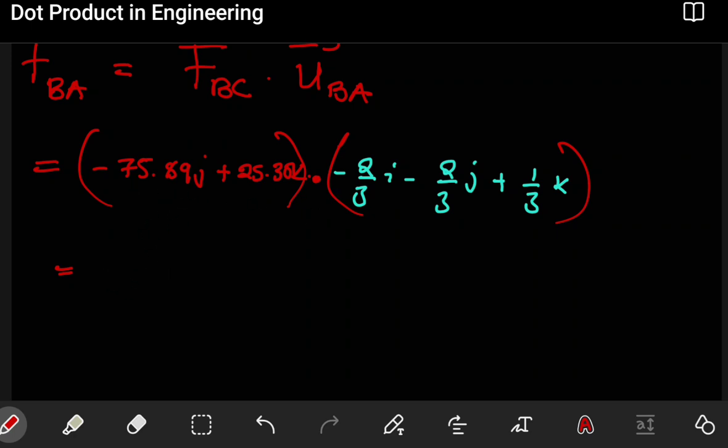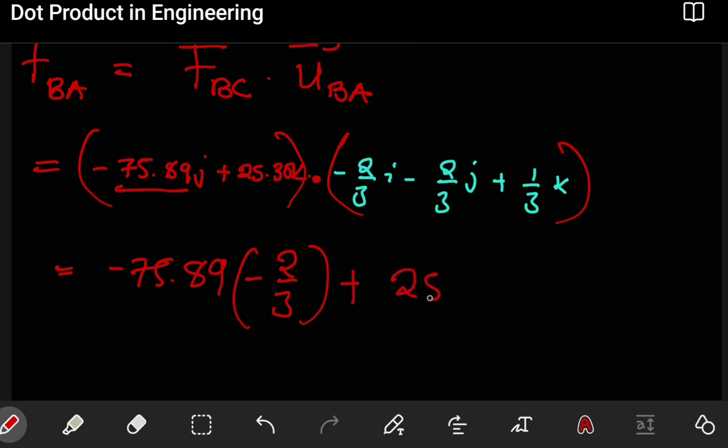For the second part, in the J direction, we have negative 75.89, multiplying the minus 2 over 3 from the unit vector. J dot J will give us a 1, so we drop it out. Then plus, from the force, we have 25.3, and from the unit vector, we have 1 over 3.